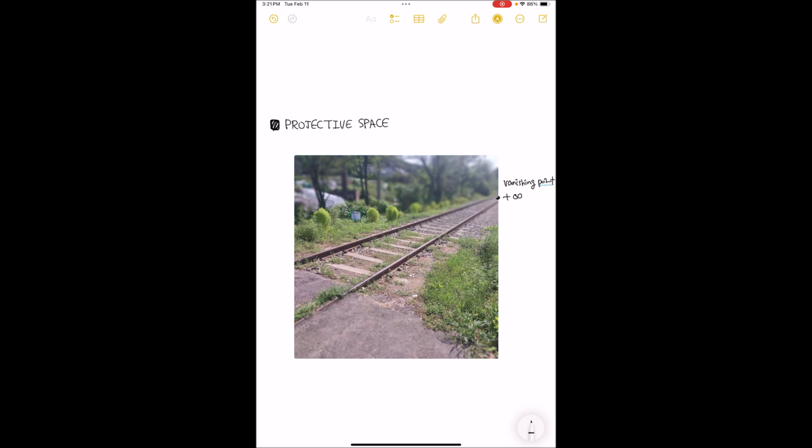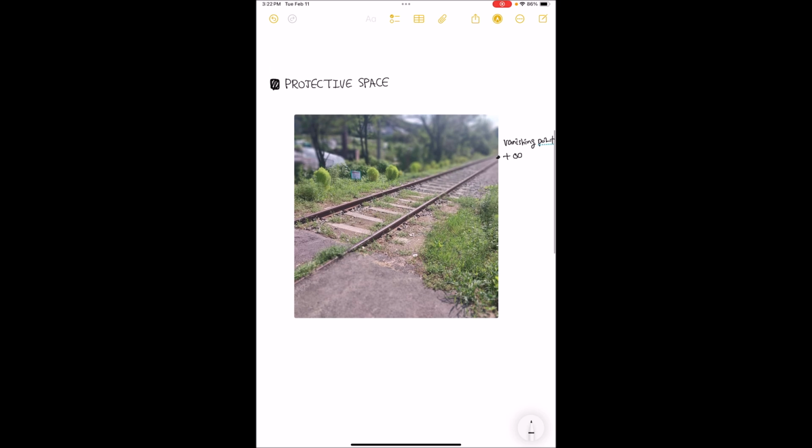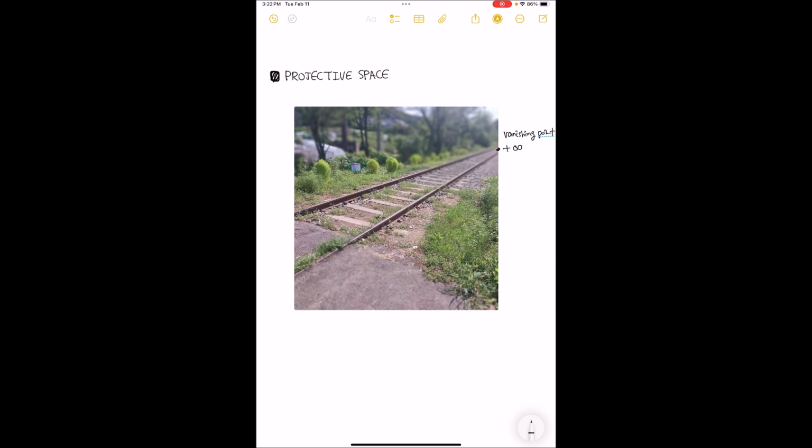Projective geometry, before the 20th century, in my background, was one of the most important parts of geometry, like arithmetic.